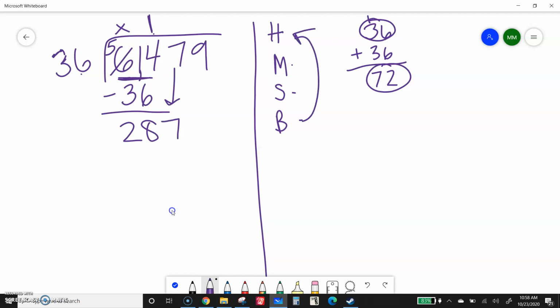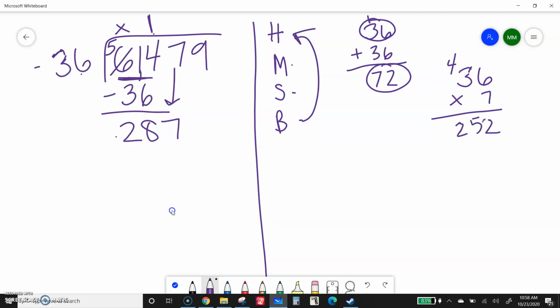Back up to the top. How many times does 36 go into 287? Well, goodness. I'm going to be writing my multiples for a while if I choose to do it that way. Or I can just guess, like, what's 36 times 7? 3 times 7 is 21 plus 4 is 25.